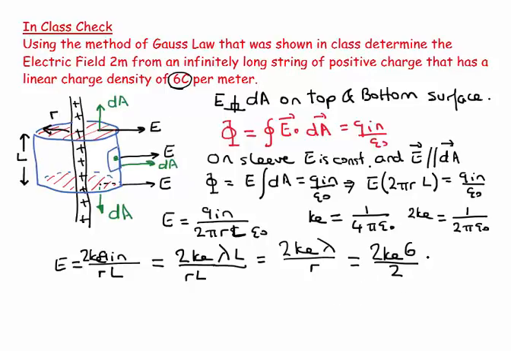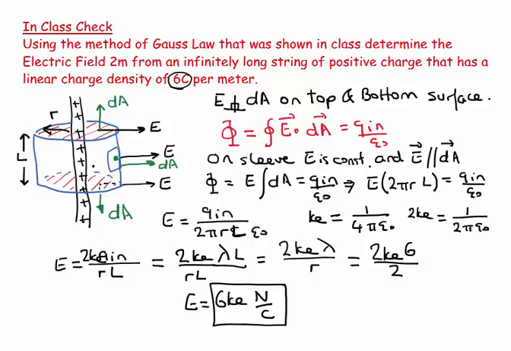So I can say E is equal to 6Ke newtons per coulomb. And there we have it. If I wanted to, I could figure out what Ke is and work it out as a numerical value. But often when we're doing a lot of work or we're in tests, we can leave Ke as a constant in there.